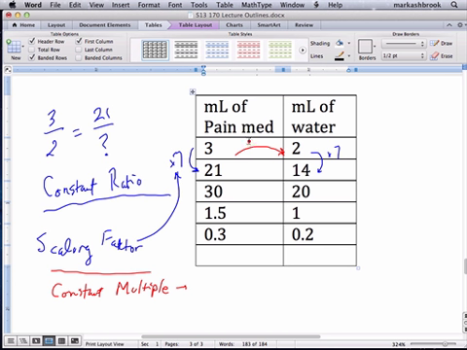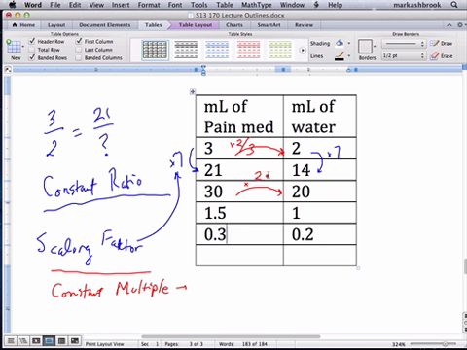So what do you do to 3? What do you multiply 3 by to get 2? Yeah, 2/3. I'm going to multiply 3 by 2/3 to get 2. And look at this. What do I multiply 30 by to get 20?